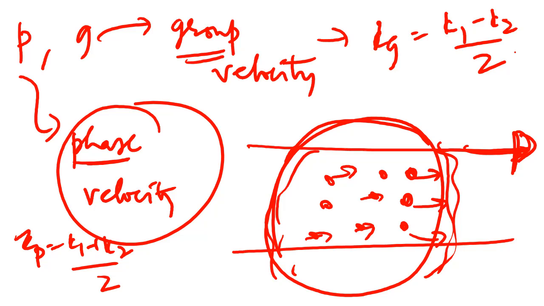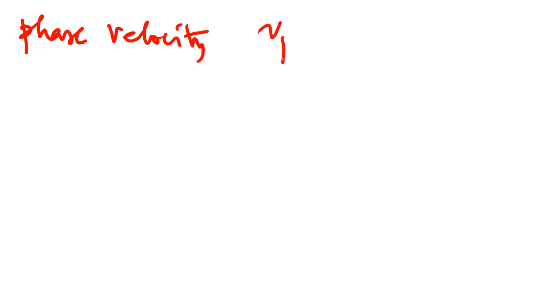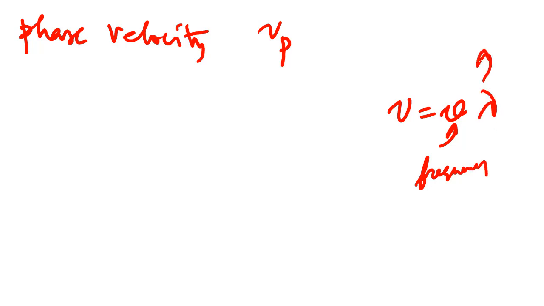Light is a transverse wave, so it follows the equation that the velocity is equal to nu, the frequency, times lambda, the wavelength.